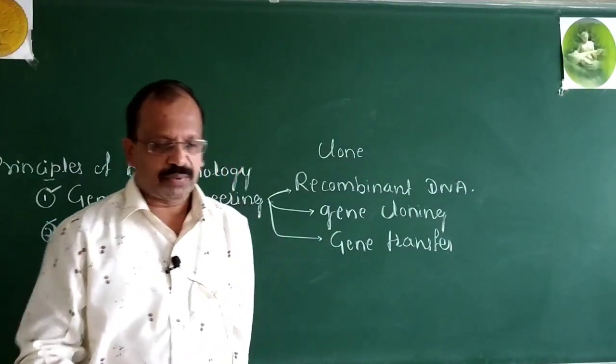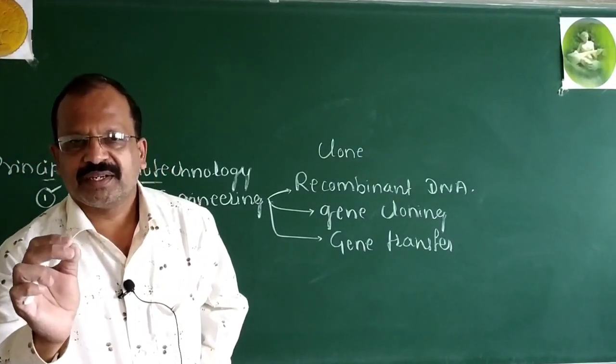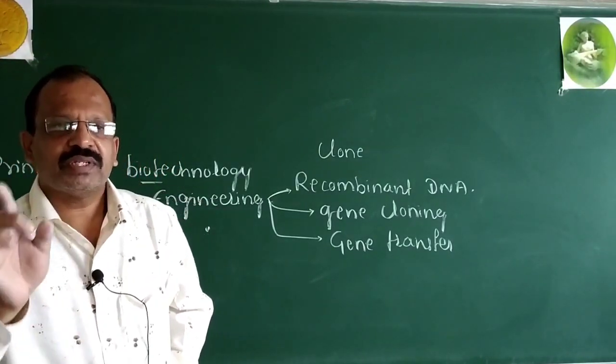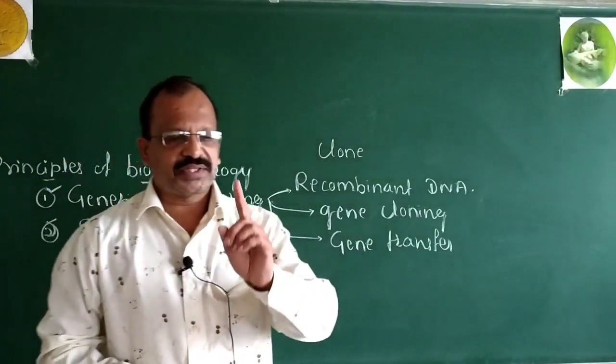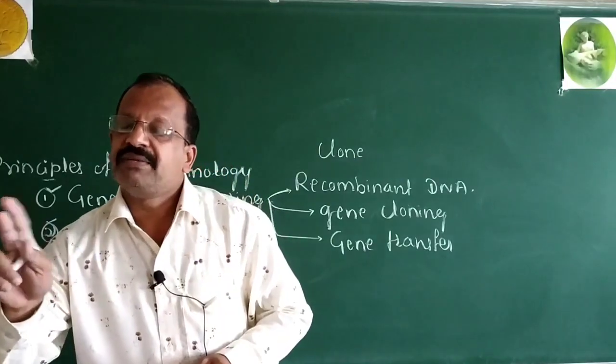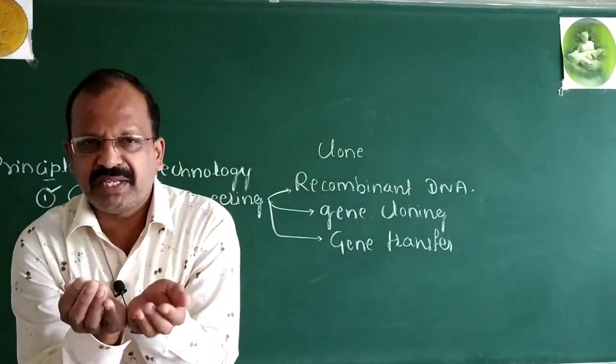But in sexual reproduction, variations are created. It involves the formation of male and female gamete either by the same individual or different individuals of opposite sex. I hope that the two meanings are clear.